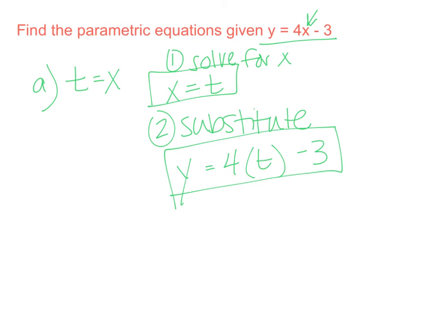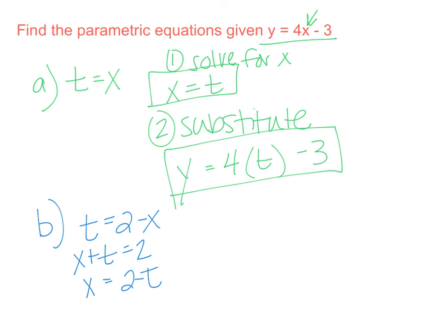Parametric equations, you've got to have an x component and a y component. Okay, different example. What if they gave you the parameter t equals 2 minus x? Well, if I add my x over, subtract my t, x equals 2 minus t.